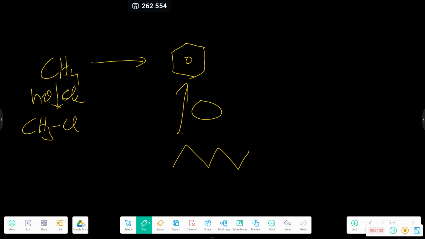Which type of alkane do you want to prepare? That type of alkane. Here RCl is there like this. If you take C5H11, pentyl chloride, then directly we can get n-hexane.